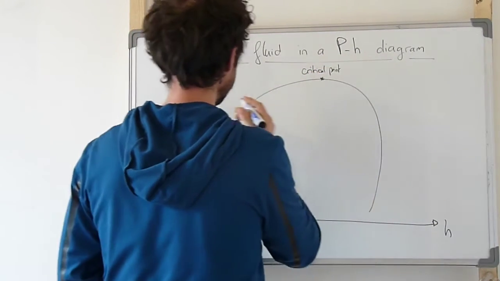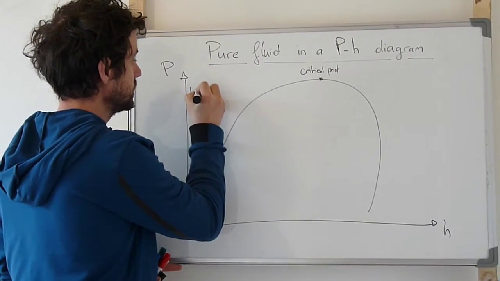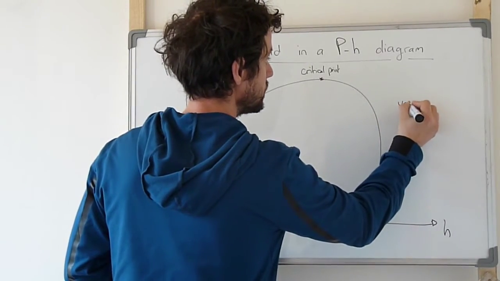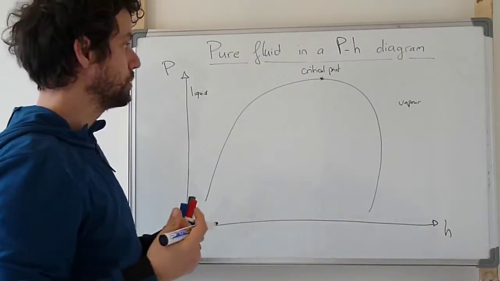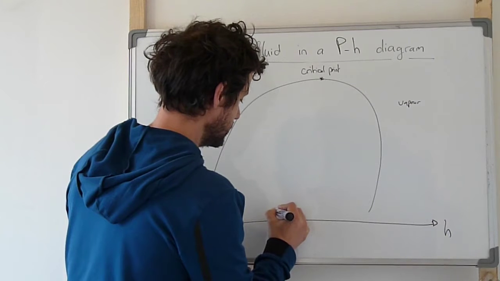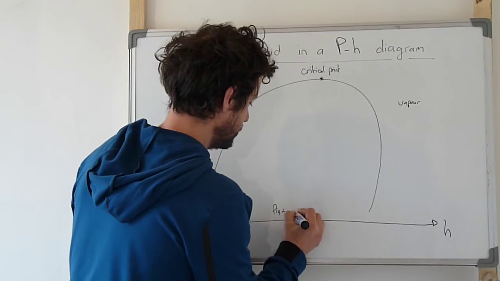The left hand side of the saturation line corresponds to the liquid phase, the right hand side to the vapor, and inside the bell, so below the saturation curve, it corresponds to a mixture of liquid and vapor.